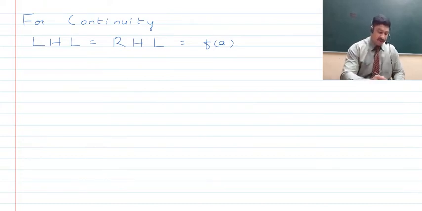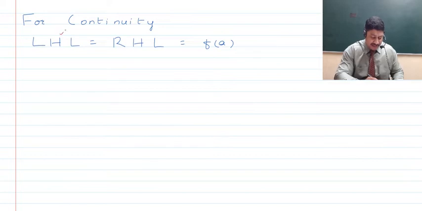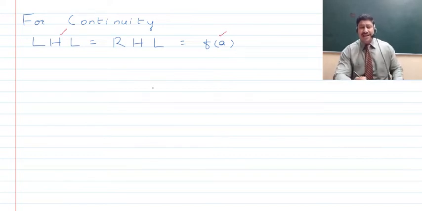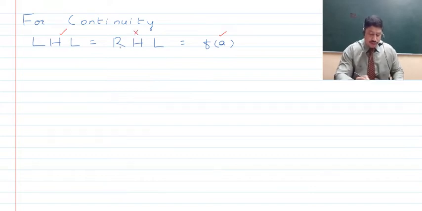However, if we talk about the left hand limit to be equal to the value of the function at A but is not equal to the right hand limit, then it is known as left continuous, right?